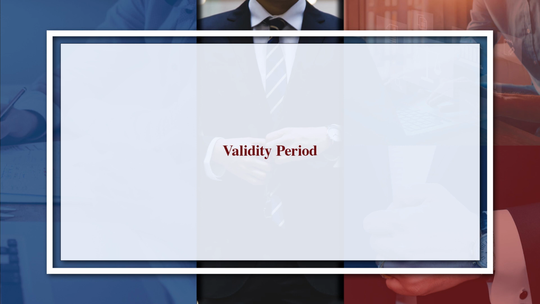The validity period. The validity of the shelf prospectus shall not be more than 1 year from the date of opening of the first offer of securities under the shelf prospectus. No further prospectus is required in respect of a second or subsequent offer issued during the period of validity of the shelf prospectus.